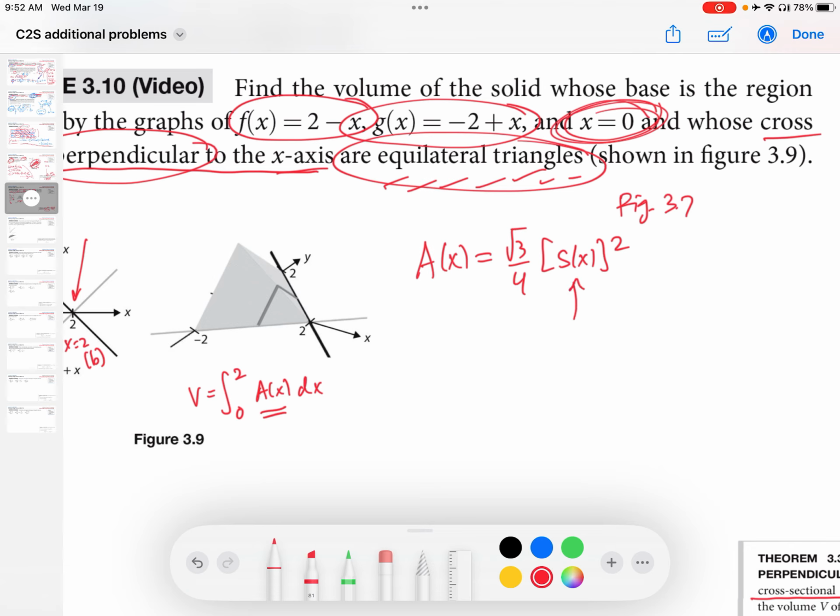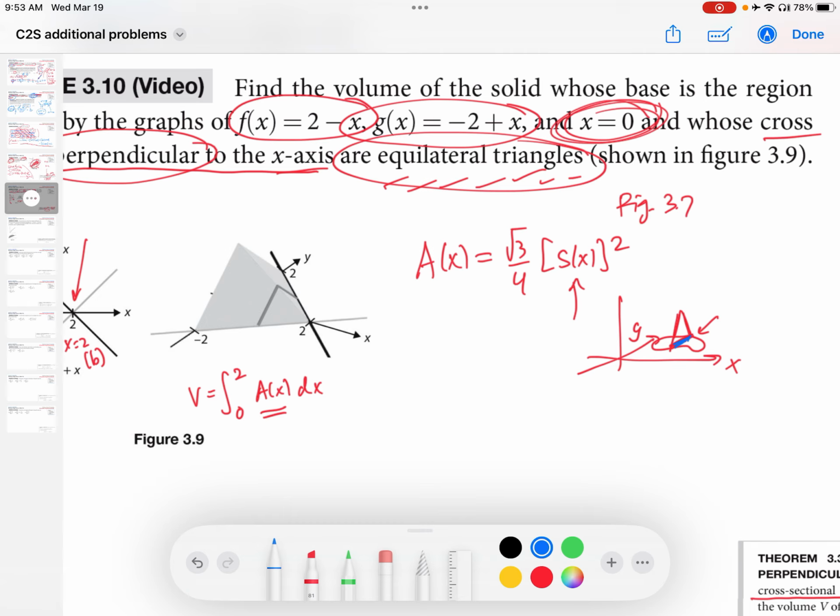Okay, so what is s of x here? S of x is, if you look at the region that you're drawing in 2D, whatever sort of height this cross-sectional area has. So for example, here's a triangle. In the xy plane, you're looking for specifically this height.